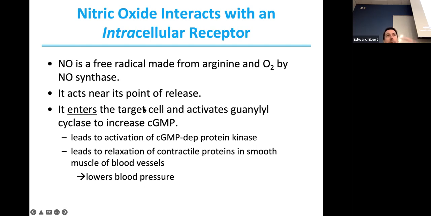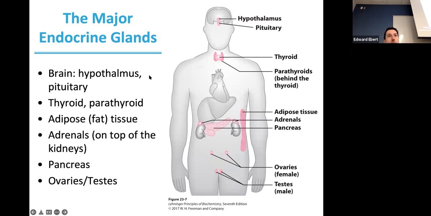It acts near its point of release because it just diffuses as a gas. It can diffuse across membranes. So it enters the target cell and binds to a cytosolic receptor. And this ultimately leads to regulation of blood pressure, lowers blood pressure in there. So inducible iNOS is a good target for drugs in there.